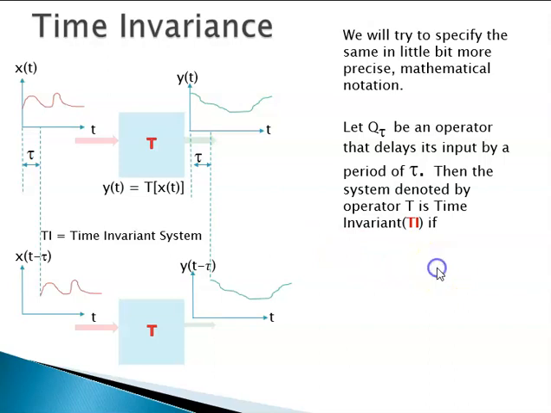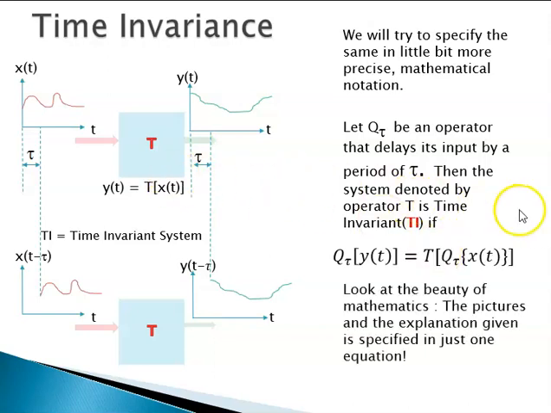Then we say that a system is time invariant if it satisfies this equation. That is, you take the input, delay it by tau, give it to the system and see what is the output. If that output is exactly the same as the output you take with the undelayed input, delayed by tau, if both these are identical, then we say the system is time invariant.